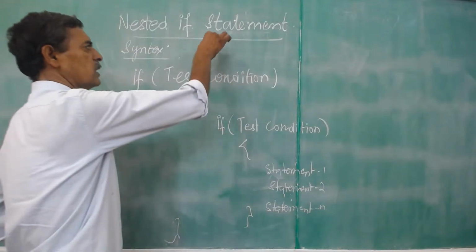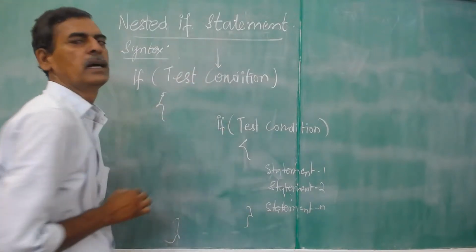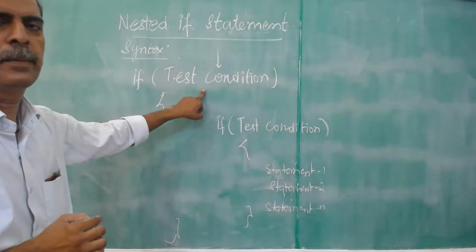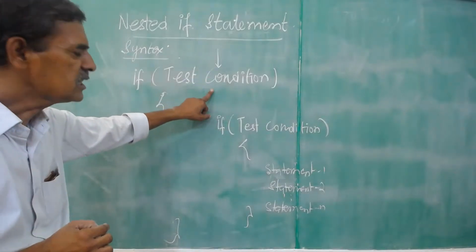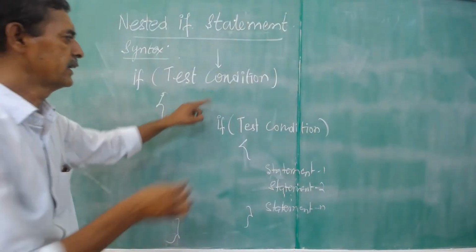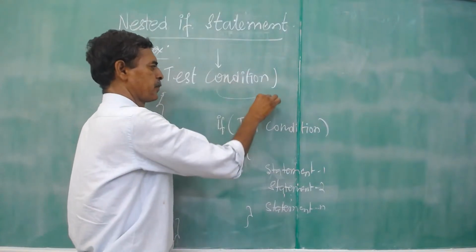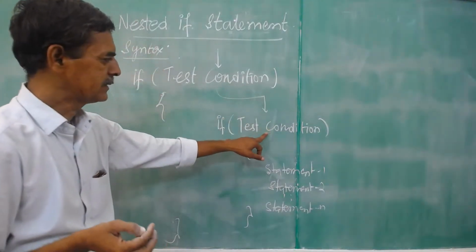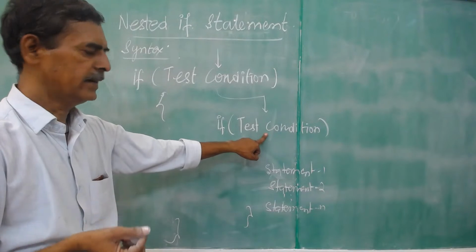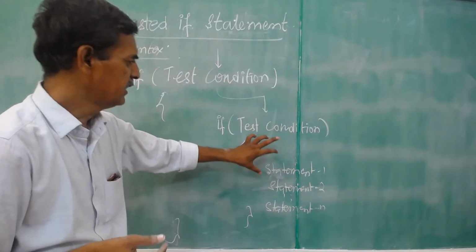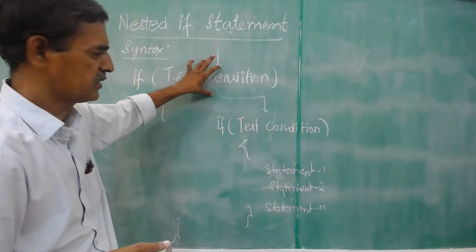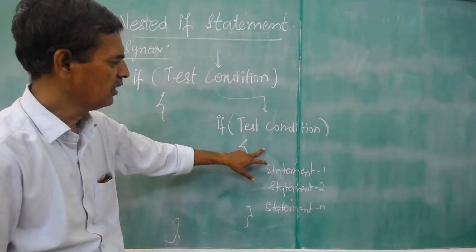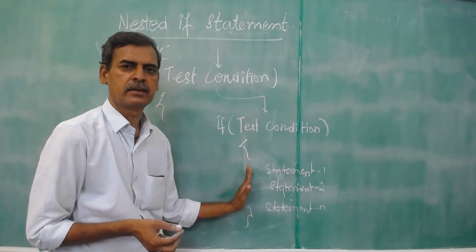So when the control comes here, the test condition is tested. If the test condition is true, it comes inside. Then the second level test condition is tested. That is, for the if statement within this if statement, the test condition for the inner if statement is tested.